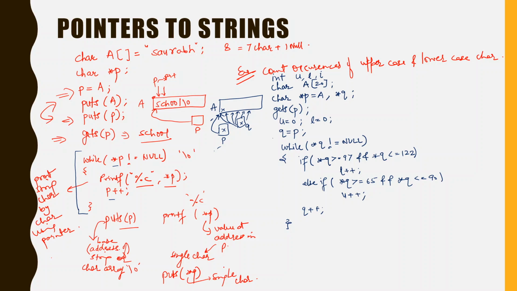And in the end we can printf: uppercase occurrences, uppercase is percent d, and lowercase is percent d, and both can be u comma l. So this is going to print your number of uppercase and lowercase characters with the help of scanning a string through a pointer.